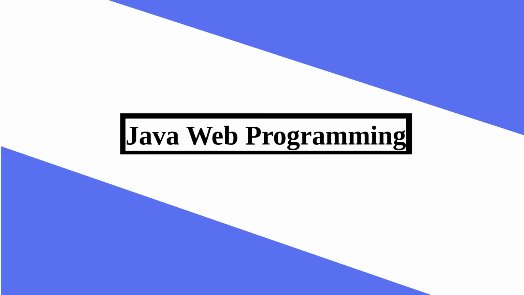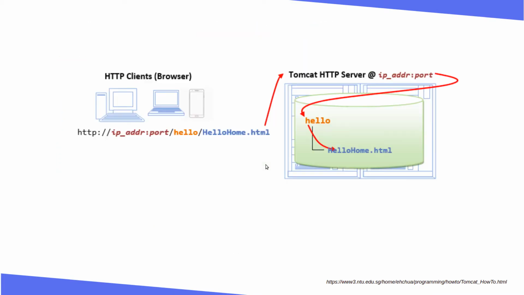In this lecture, we'll write our first servlet. A servlet is a Java program that runs inside a Java-capable HTTP server, such as Apache Tomcat and a few other servers like Glassfish.